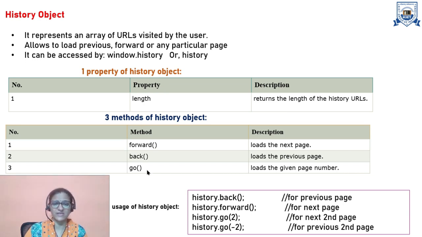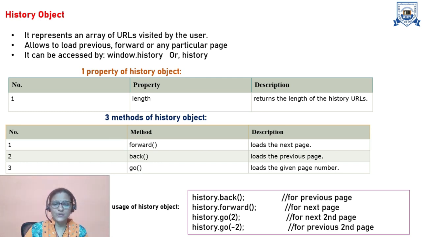Forward loads the next page, back loads the previous page, and with go, we can provide a particular number, and based on the sequence of the URLs, we can directly load the given page number.